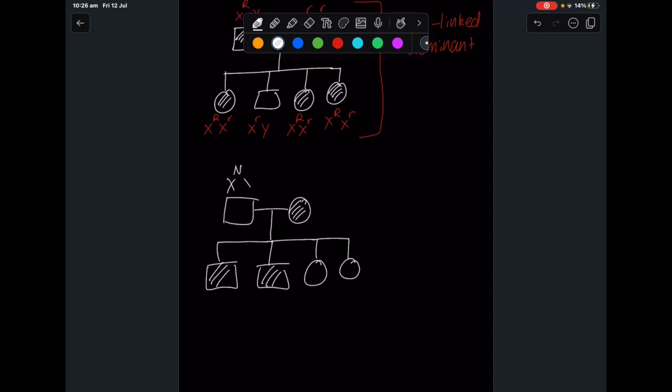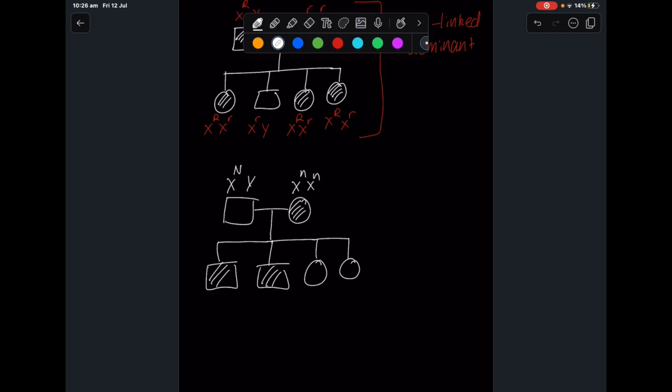Maybe capital N is going to be the normal gene and little n is going to be the diseased gene. So in order for an affected female to exhibit those traits in a sex-linked characteristic, she would have to have two recessive disease traits. So for example, color blindness.